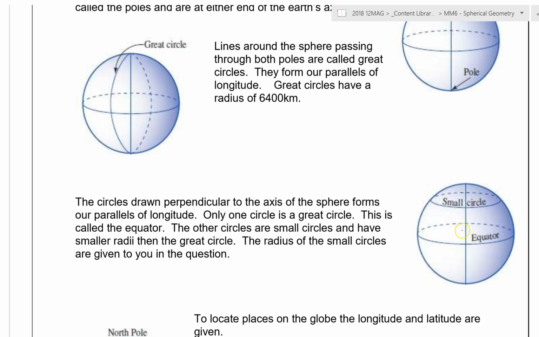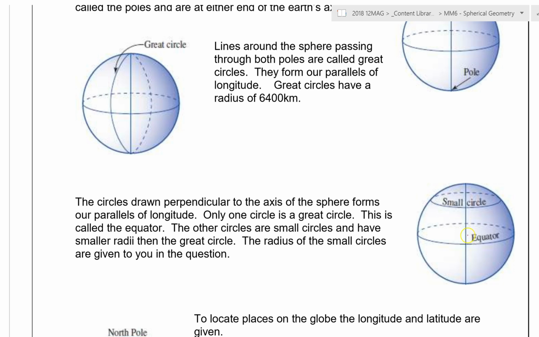The centre of that circle is the same as the centre of the Earth, and the equator separates north from south. We measure how far above or below that equatorial plane we are, in degrees, where the equator is 0 degrees, and the poles are 90 degrees away from there.